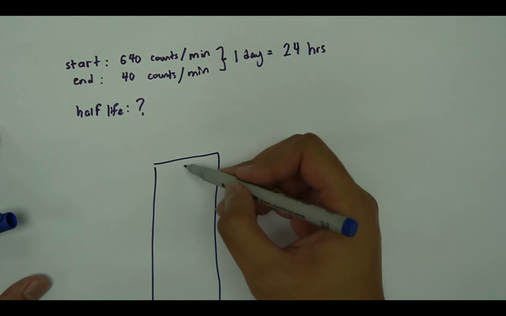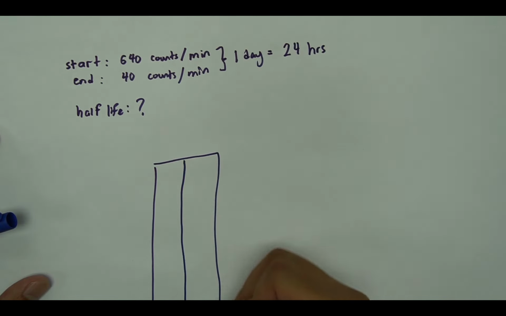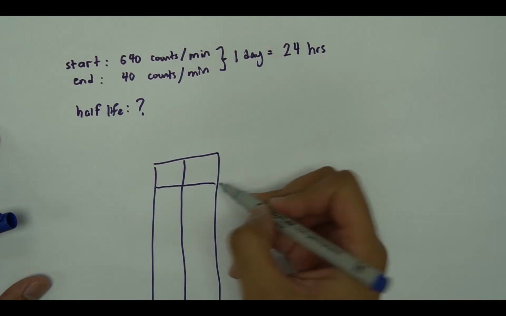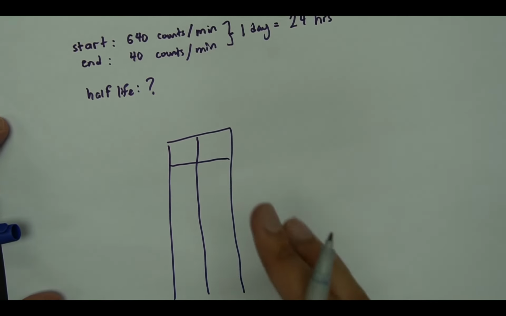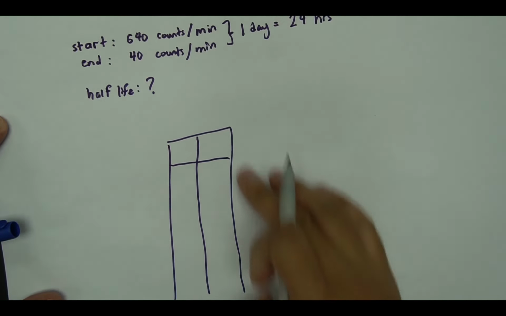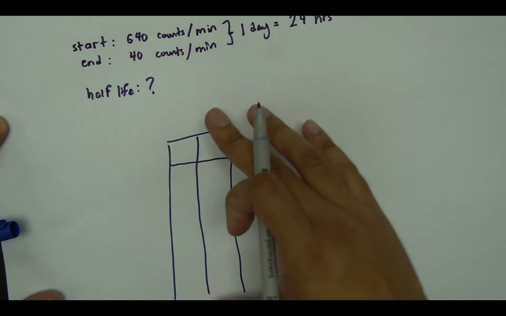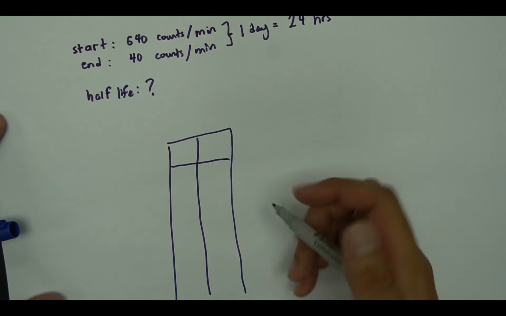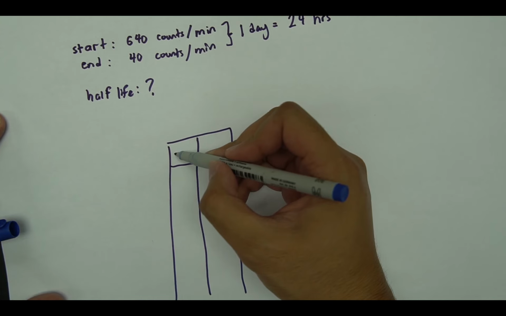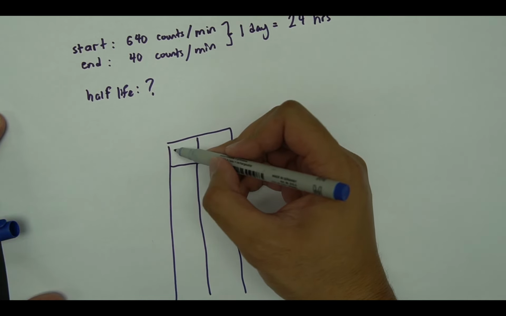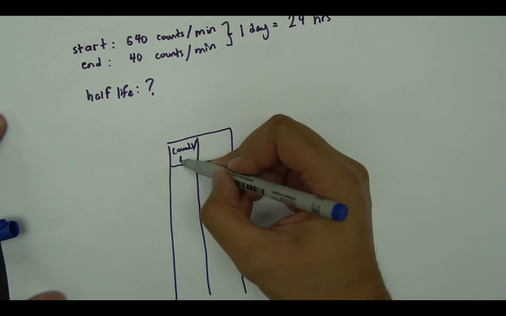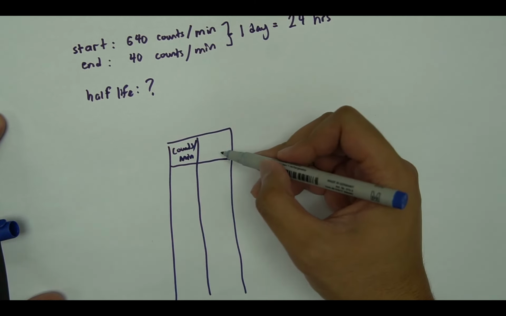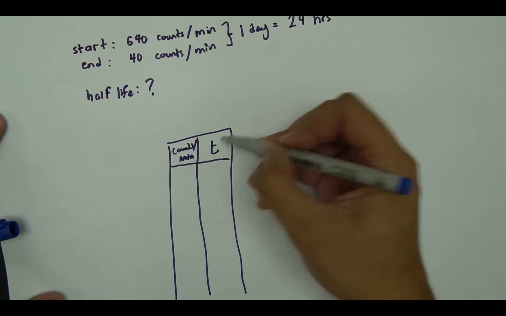I'm sorry if my table is ugly. And when it comes to questions on radioactivity, I mean half-life, having a timeline or having a table is what helps you with your calculation. So on this side of the table, we have the counts per minute. And on this side, we have the time.